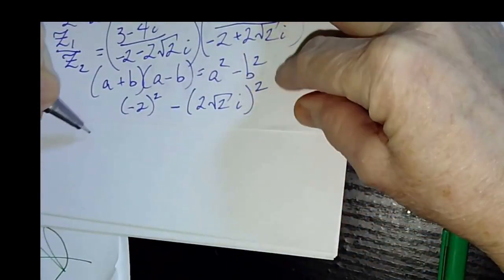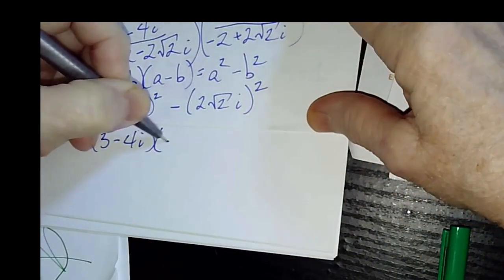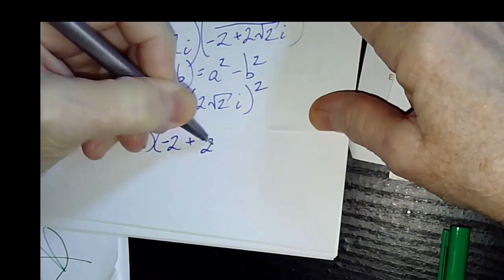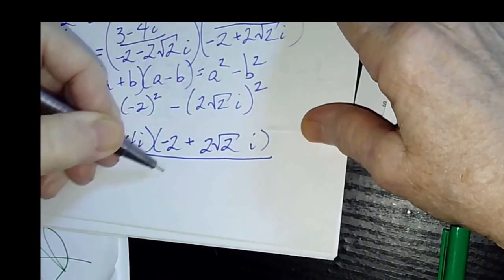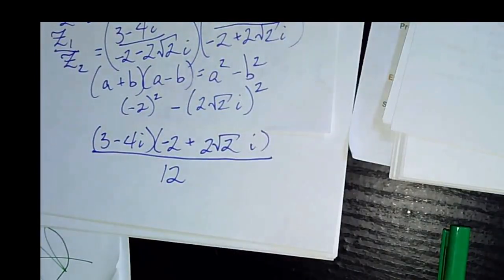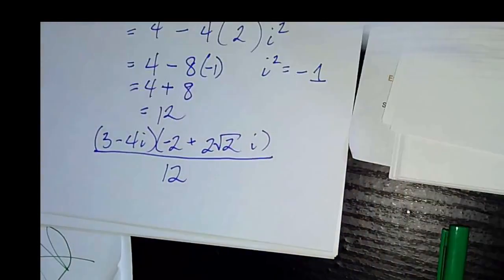So right now we've got 3 minus 4i times negative 2 plus 2 square root of 2i, all divided by 12. So all we have to do is distribute the numerator, find the product of the numerator. We can do that.